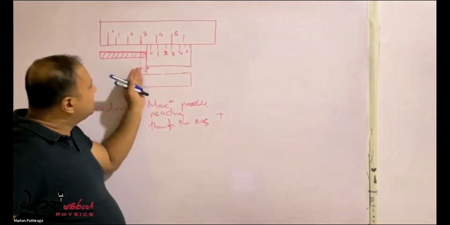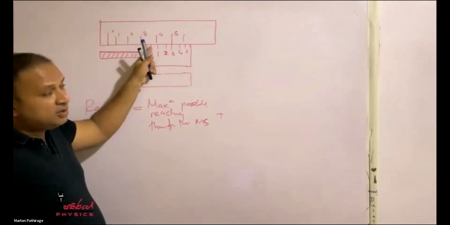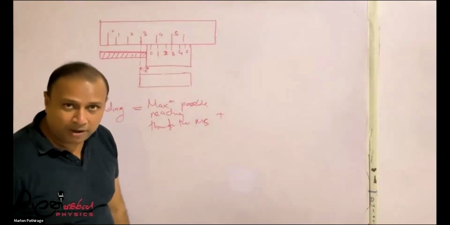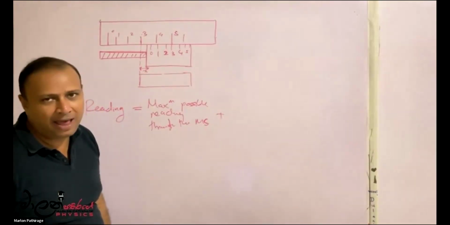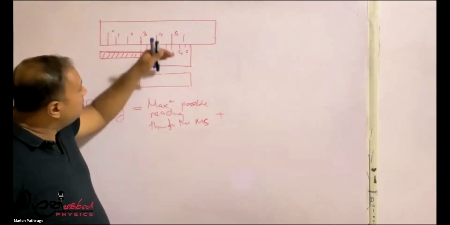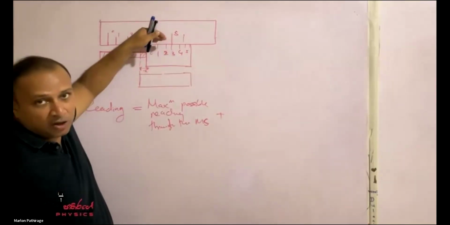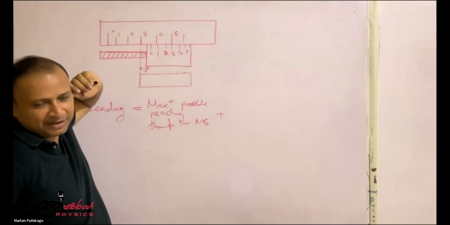The shifted distance of the vernier scale can be determined using the location of coincidence, the location of overlapping of two corresponding marks of the main scale and the vernier scale.